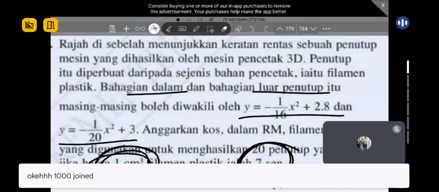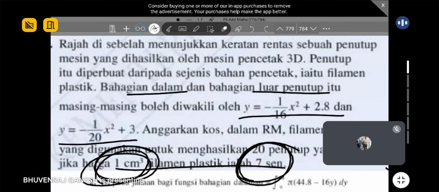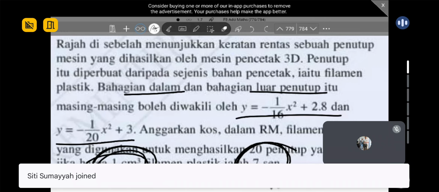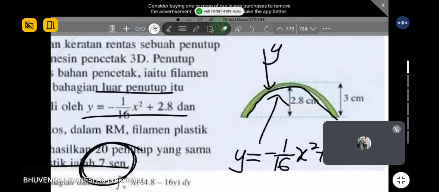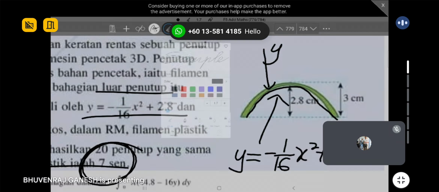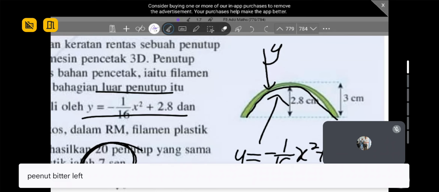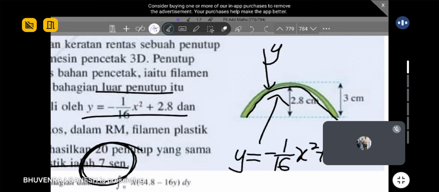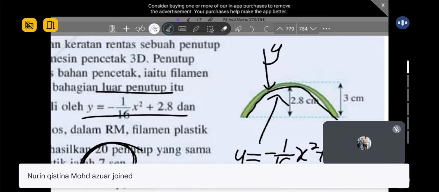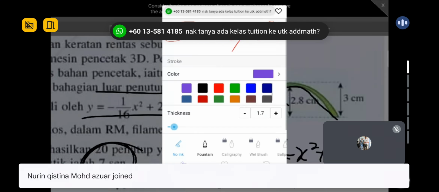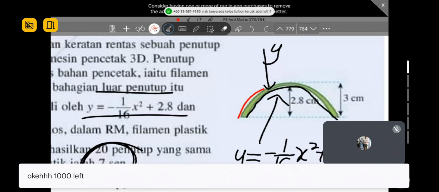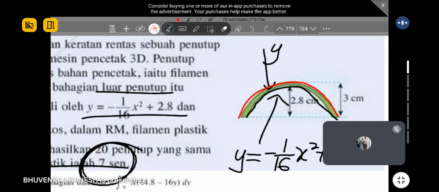So now what you must do is find the plastic filament. Where is the plastic filament, guys? Can you all tell me? Filament plastic tu kat mana? You tell me the color. Let's say this color is red. Which one is the plastic filament: black, red, or green?